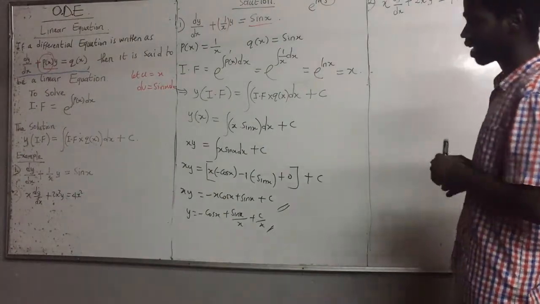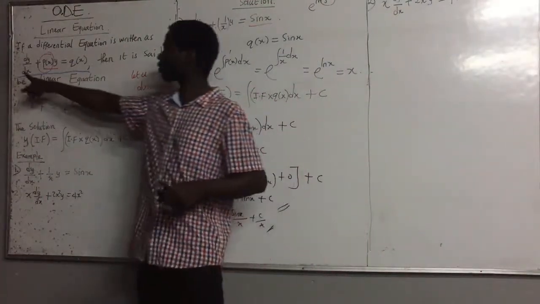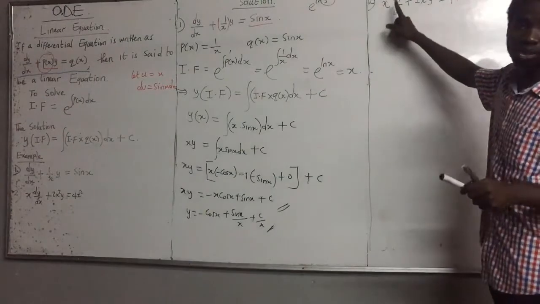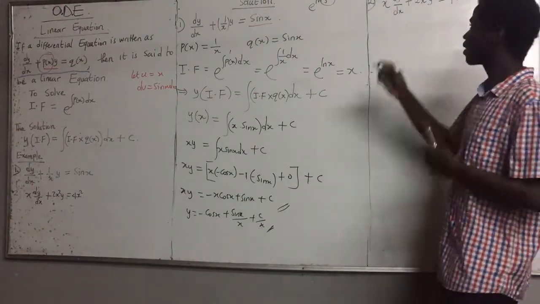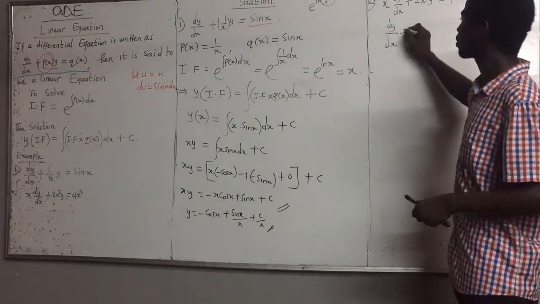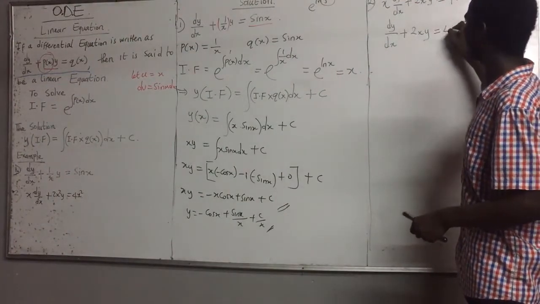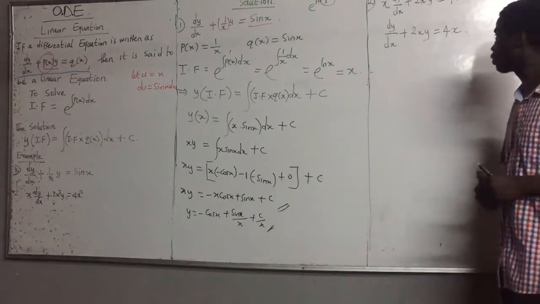What will happen here is that, don't forget, for a linear equation, the coefficient of dy dx must be what? 1. So divide through by x. So if you divide this one by x, you will be left with dy dx, plus, by the time you divide this one by x, this one will be 2xy is equal to what? 4x. Do you understand? That is what you are going to have here.